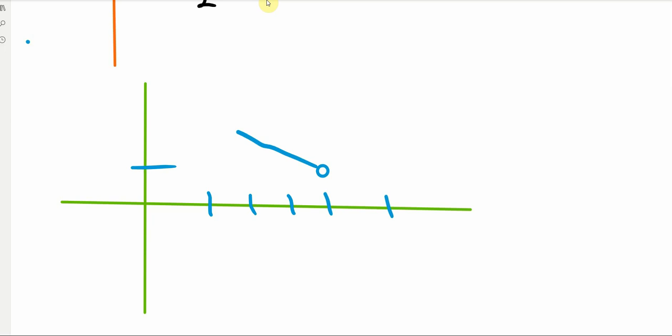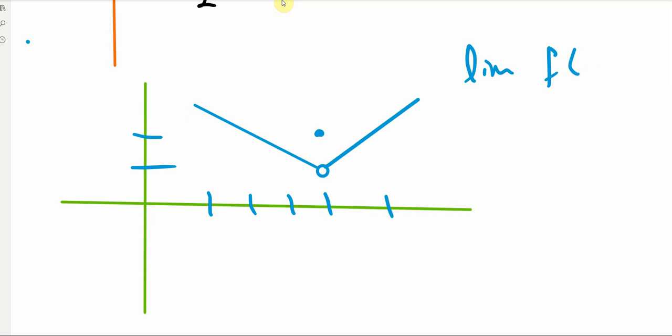And I'm going to go like this, and I'm going to go like this, and let's pretend that there's a dot right here. So what is the limit of f of x as x approaches? Now I have to pick an x value here, and I'm going to pick this value right here. This is the value that I want, 4. What is the limit of f of x as x approaches 4?